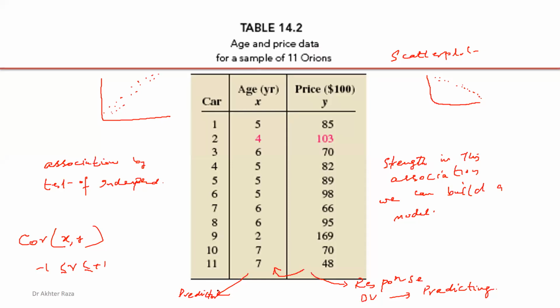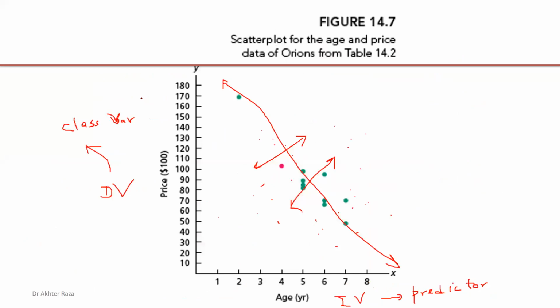If the correlation is weak, the scatter plot indicates a high scatter like this. If the scatter is very high, then the accuracy of the prediction will not be as good as we are expecting. So the strength of the relationship is a very important thing.